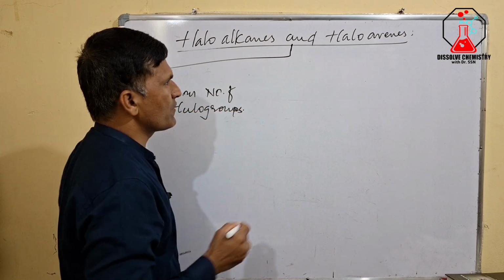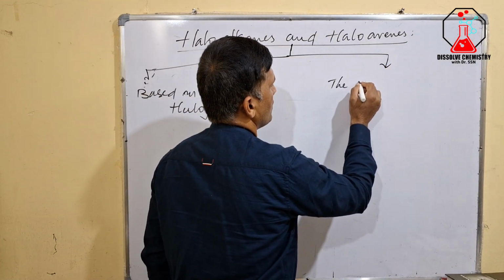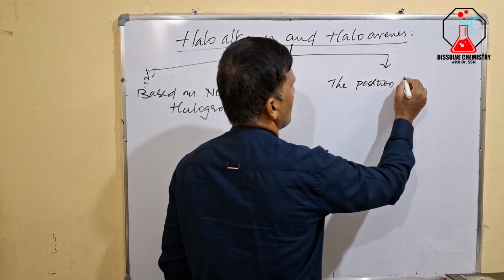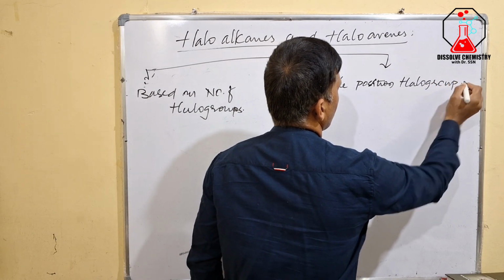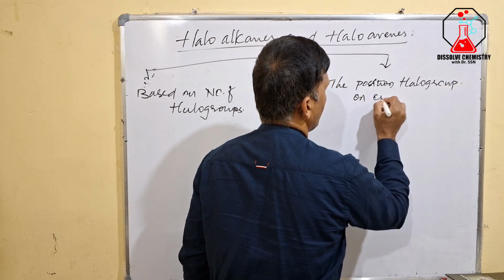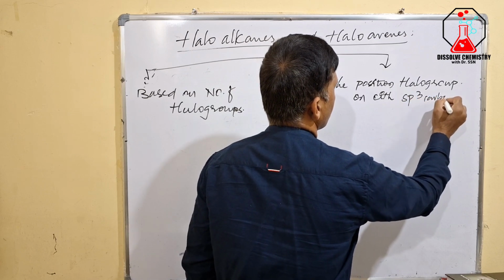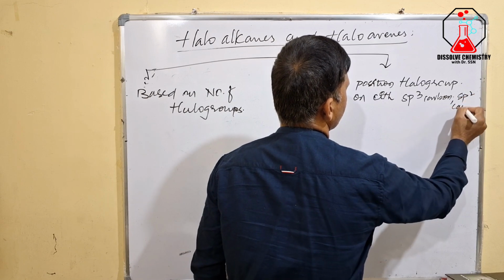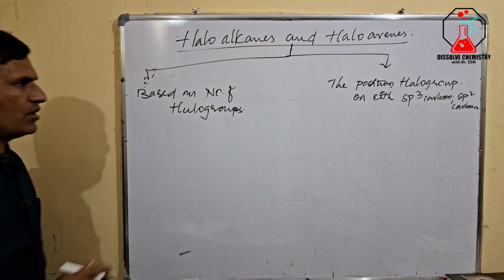Another type of classification is based on the position of the halo group, on either the sp3 carbon or the sp2 carbon of the organic substrate. Let us start with the number of halo groups.